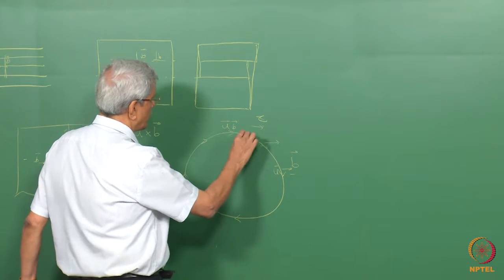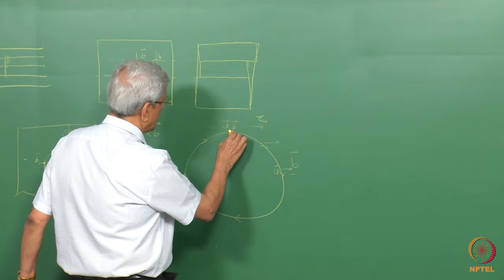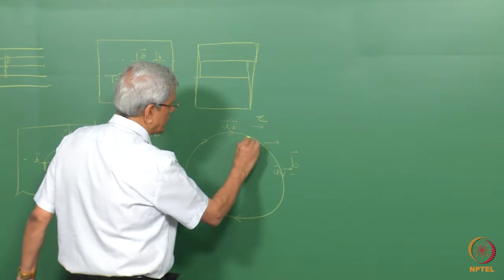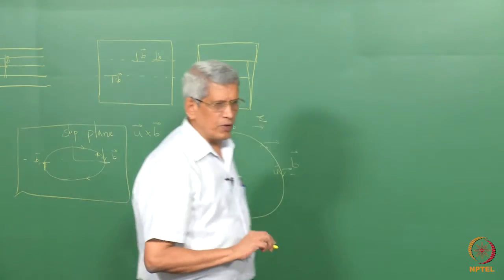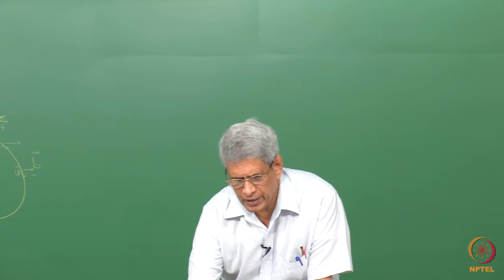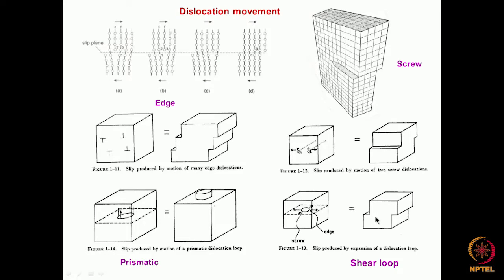When this dislocation moves in this direction, the step which is created is in the same direction as the one the Burgers vector has created, as shown here. So finally, when a shear loop comes out of a sample surface, a step is created only in one direction.